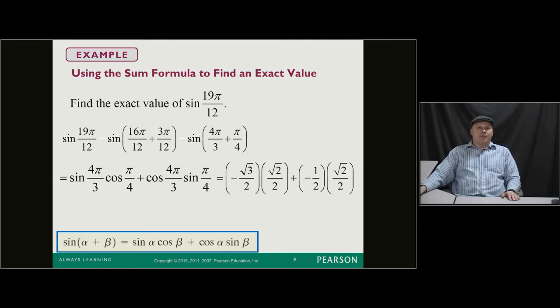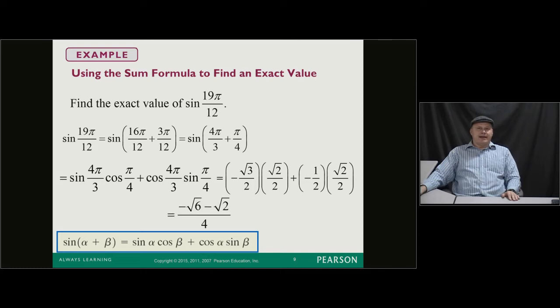So the sine of 4 pi over 3 is negative square root of 3 over 2. It's negative because we're in the third quadrant. Cosine of pi over 4 by our chart is square root of 2 over 2, plus cosine of 4 pi over 3 is negative 1/2. Again, we're in the third quadrant, that's why it's negative. Reference angle is pi over 3. And the sine of pi over 4, of course, is square root of 2 over 2.